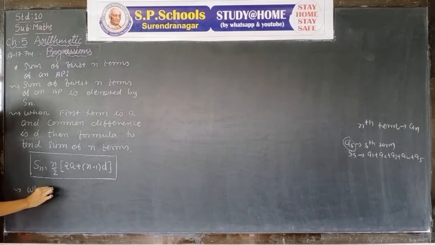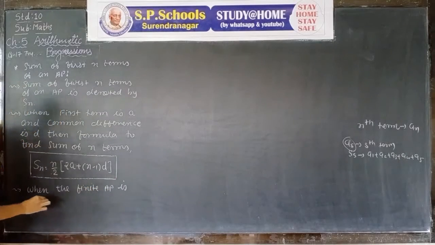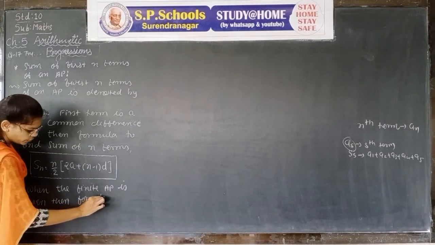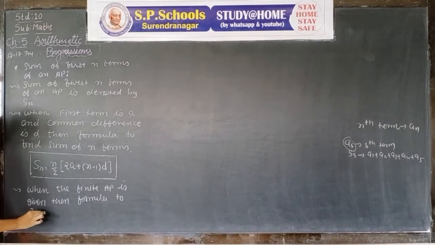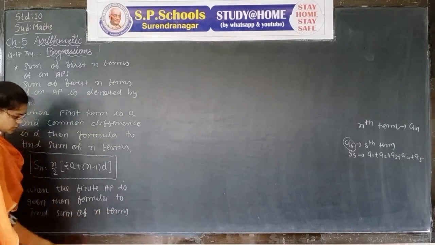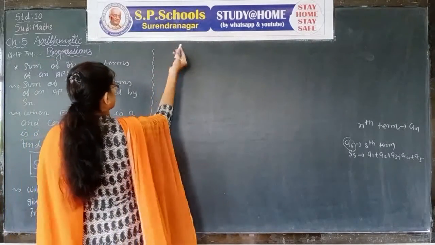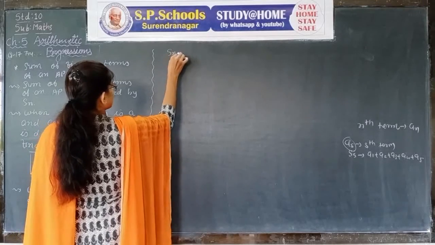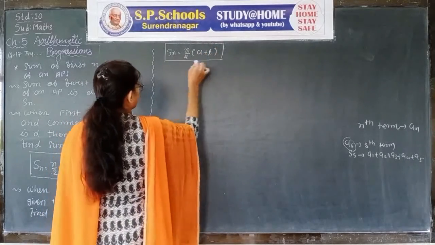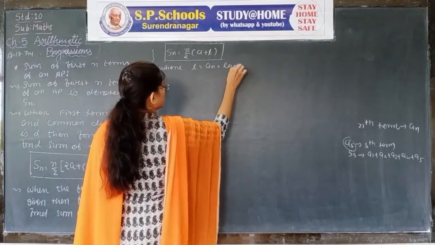When a finite AP is given, the formula to find the sum of n terms, because in a finite AP the number of terms is finite, is Sn equals n upon 2 into bracket a plus L, where L equals an, the last term.